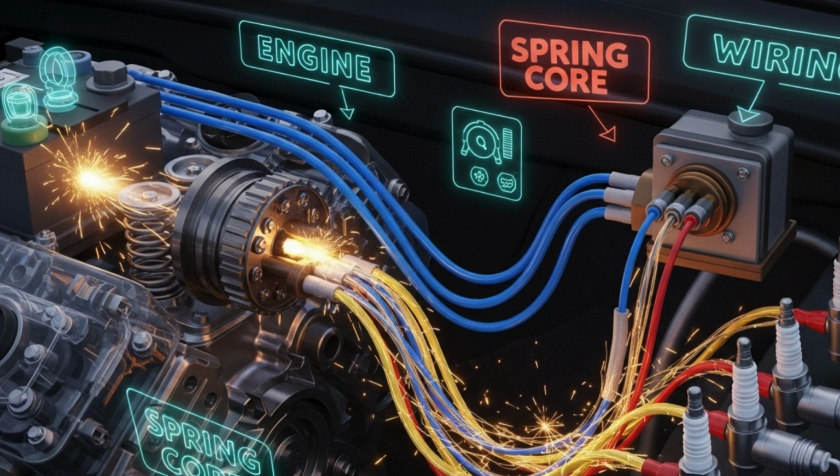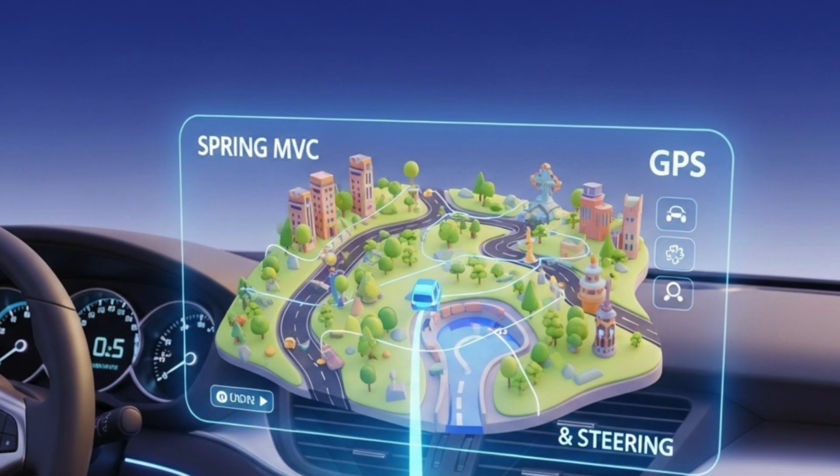Spring Core is like the engine and the wiring system of the car. It ensures everything is connected internally and works smoothly. Annotations like @Component, @Bean, @Autowired act like the wiring, connecting different parts together automatically. Whereas Spring MVC is like the GPS or the steering system.